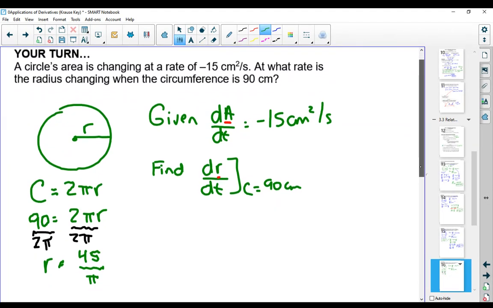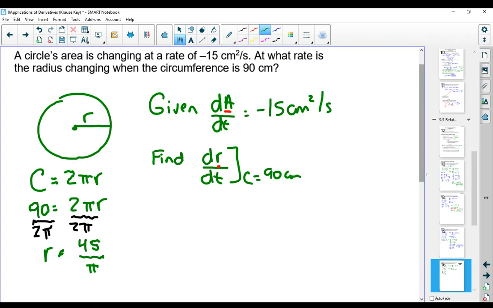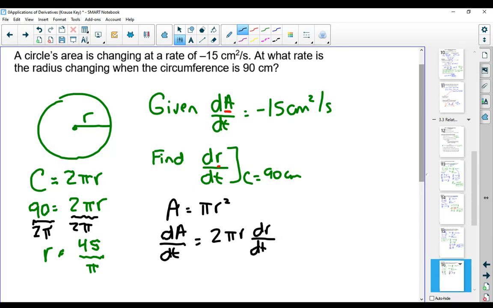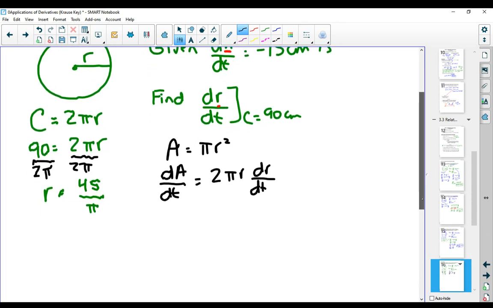Now we can come back to our circle, and we're talking about area and radius. So we know that the change in area with respect to time is negative 15 centimeters squared per second. So we're going to start off with the area of a circle. The area of a circle is pi r squared. So we take our derivative. We get 2 pi r dr/dt. We've already solved for r, so we can sub that in.